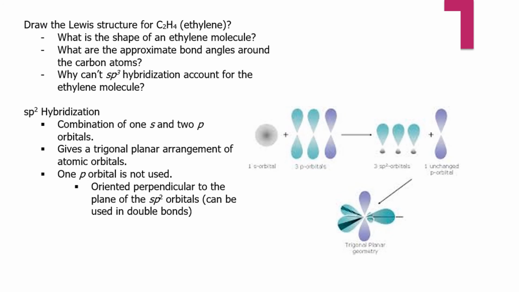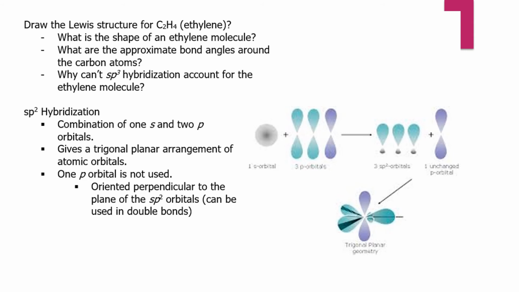Now they're talking about what if it's this particular drawing, sp2. It's a trigonal planar drawing. It's got bonds going in 3 directions, so it's an sp2 hybridization. I'm going to say that slower.